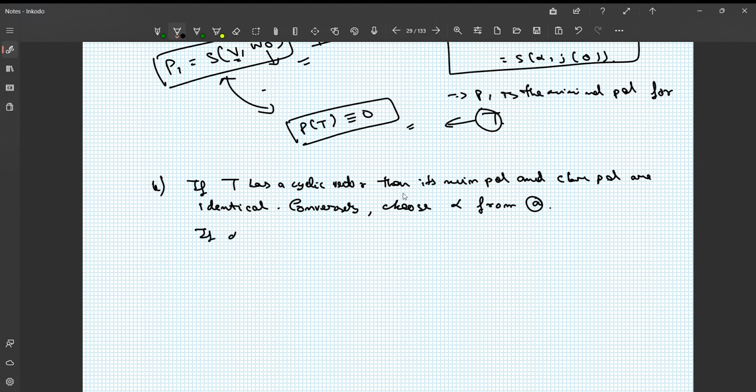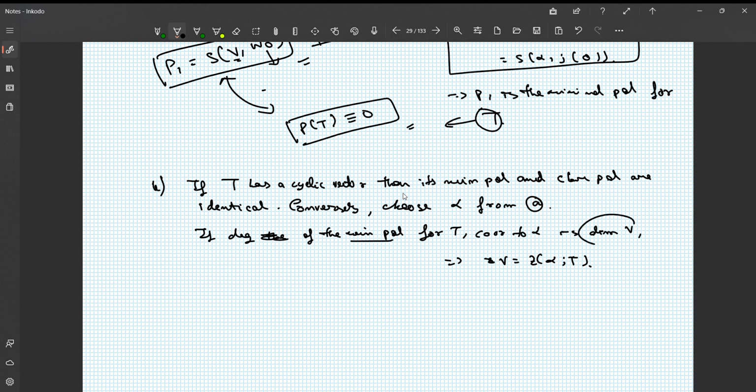Now obviously, if the degree of the minimal polynomial for T corresponding to alpha is the dimension of V, then that would imply that V equals Z(alpha; T). If the degree of the minimal polynomial equals the dimension, that exactly means the minimal polynomial is identically equal to the characteristic polynomial, and then V must be exactly equal to Z(alpha; T).